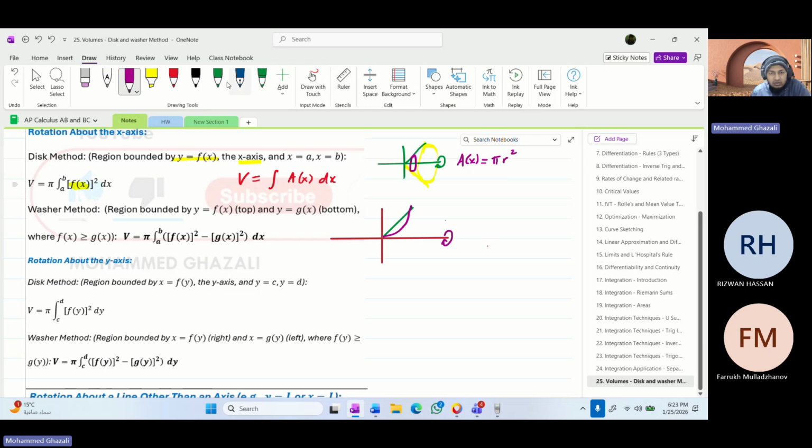If I rotate this about the x-axis, you form an image like this, and you will get something like this. So let's put the rotation here.